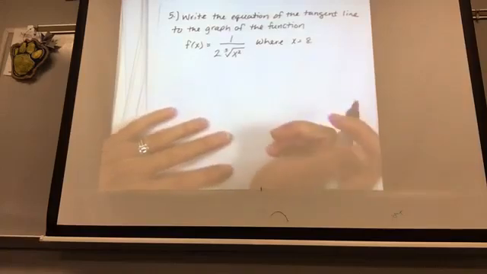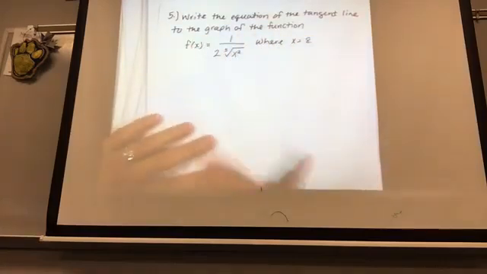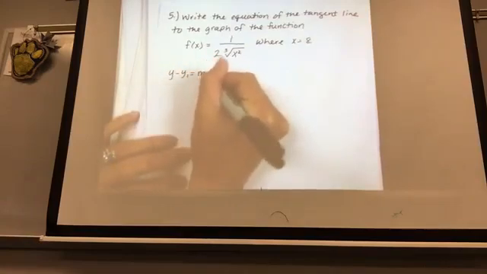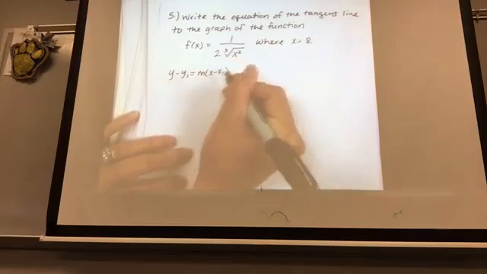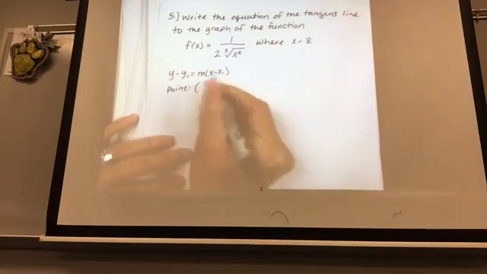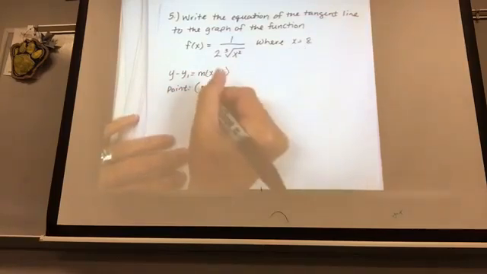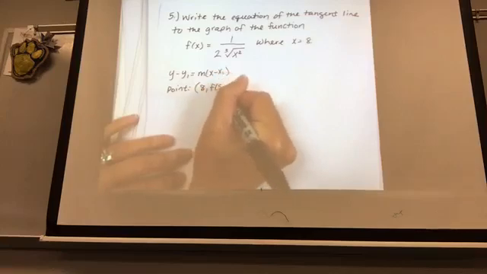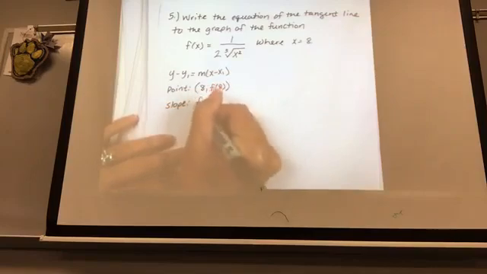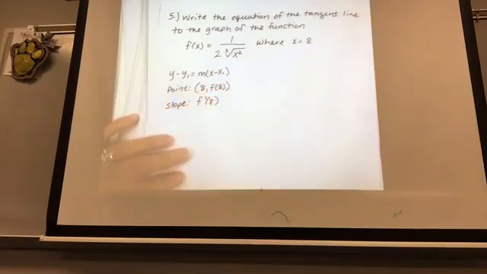Alright, so I'm going to take this piece by piece. Write the equation of the tangent line. So I know I'm going to write y minus y1 equals m times x minus x1. I need my point where x is equal to 8, so I need to find f of 8. And then I need my slope, which is going to be f prime of 8, because I need my slope at x equals 8.